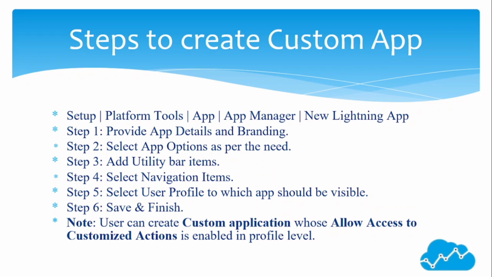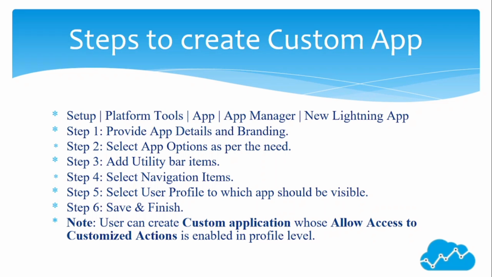Step 3, add utility bar items. Step 4, select navigation items. Step 5, select user profiles to which the app should be visible. Step 6, save and finish. This is the process. By doing this, we can create a custom application in Salesforce.